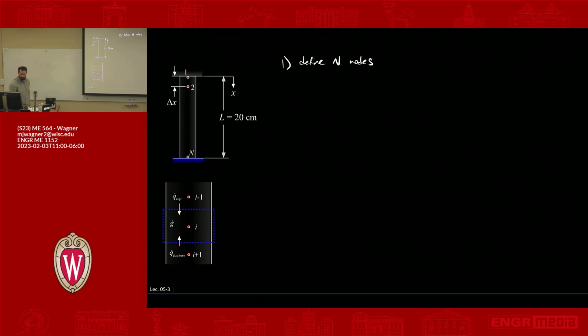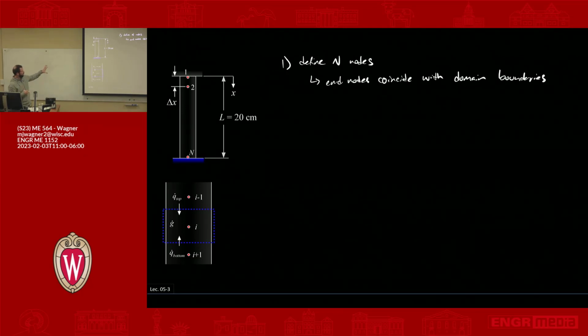The first thing to note is that the n nodes coincide with the domain boundaries. That means I've got the node actually positioned on the edge of the domain. Some meshes that you would do, the node would maybe be offset, so the control volume around the node is coinciding.